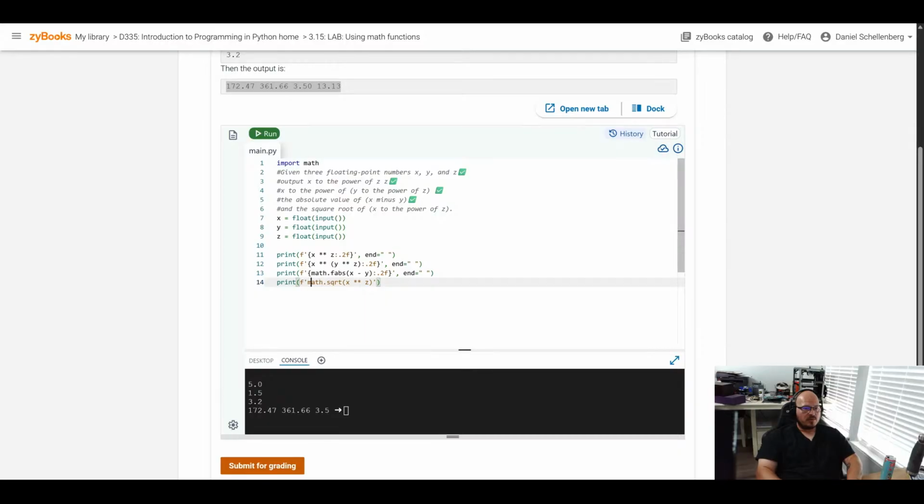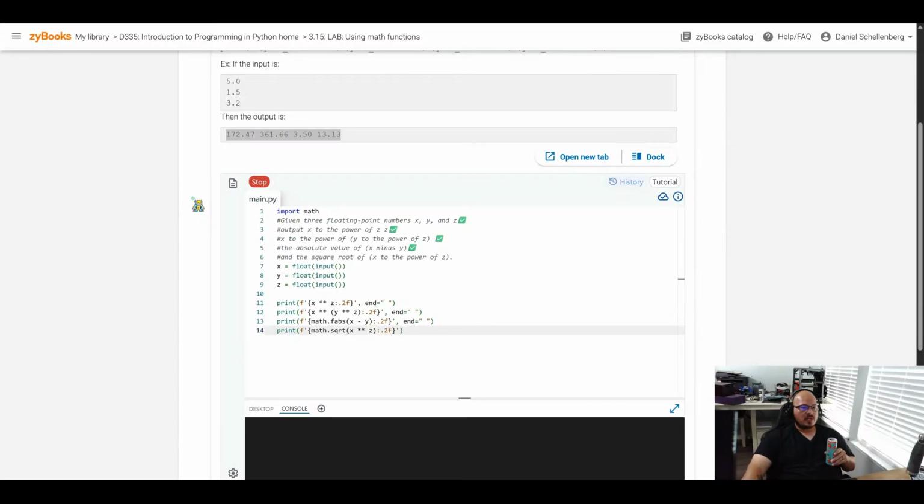Don't forget to put this in curly braces. Oh, and then don't forget to do your 2 digits at the end. And since it's the last print, I don't think I need to add end to keep it on the same line, but we'll see. So math square root of x to the power of z.